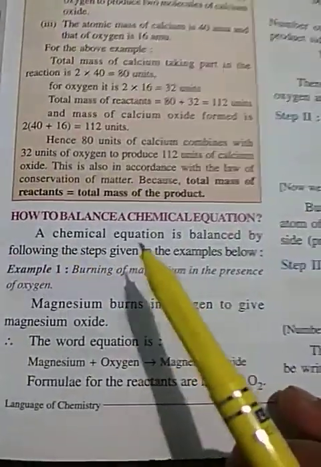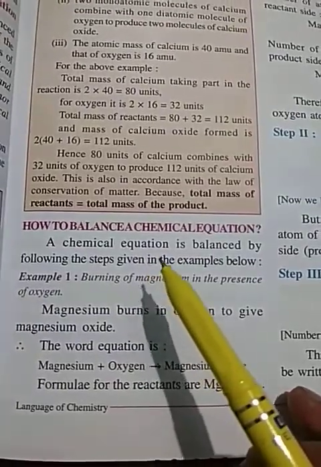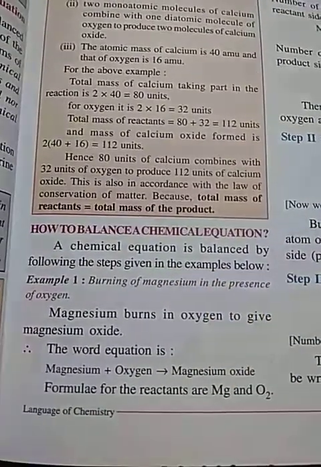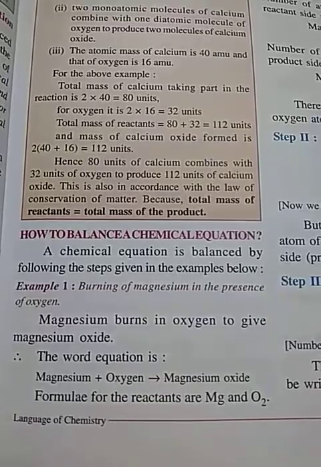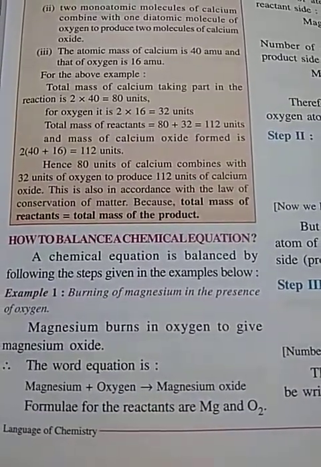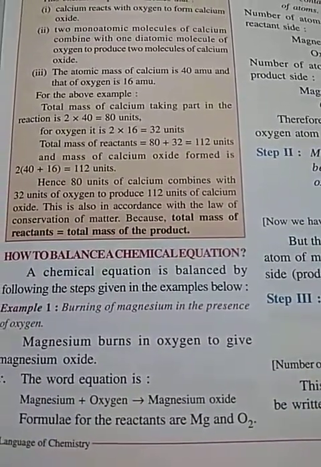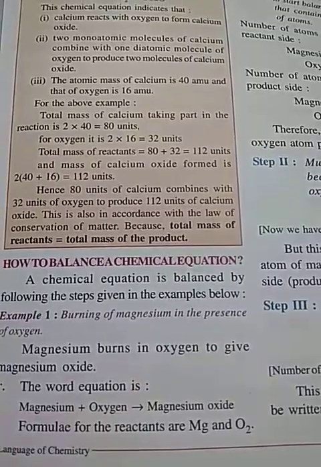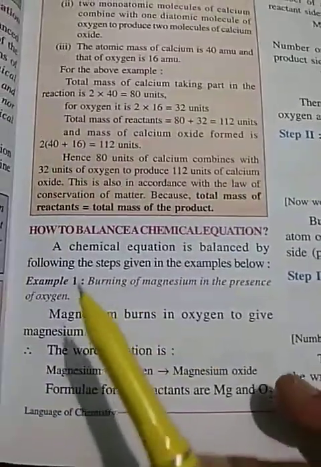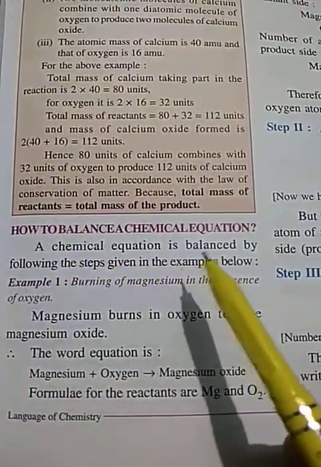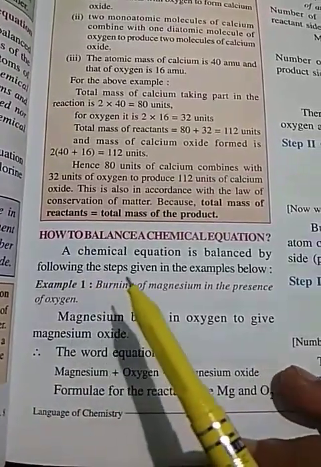So first, what is a chemical equation? It is obtained by writing the statement in a word equation or in symbolic representation, meaning in the form of an equation. A chemical equation is balanced by following steps.